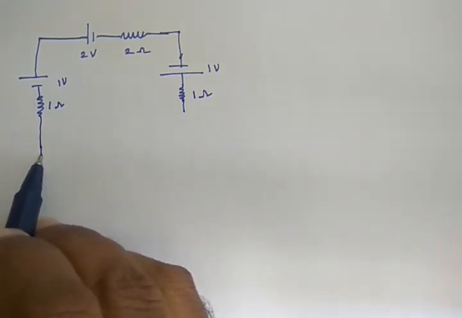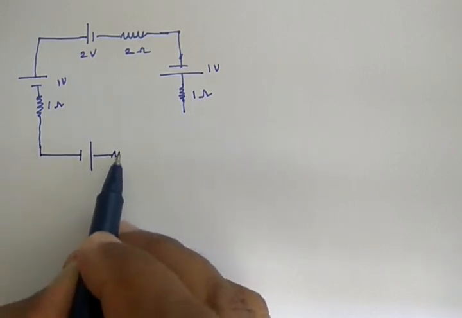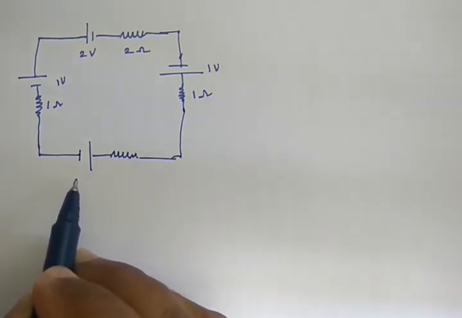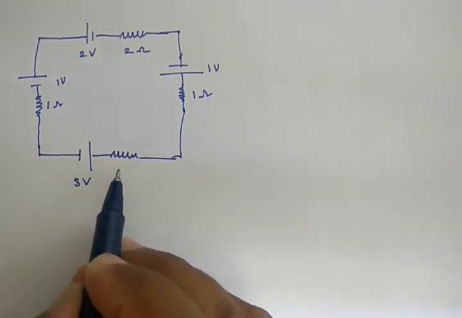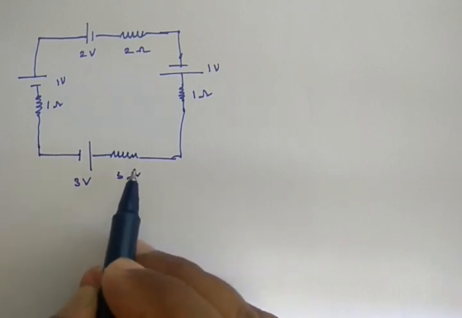and here there is one more battery of EMF 1 volt and resistance 1 ohm, and here one more battery is there. The EMF of this battery is 3 volt and the internal resistance of this battery is 3 ohm.